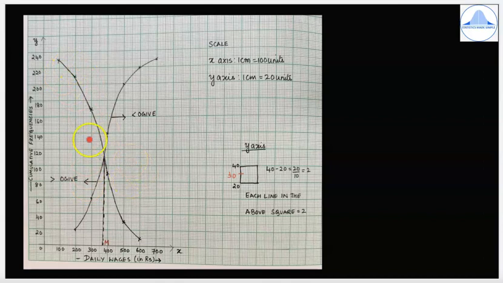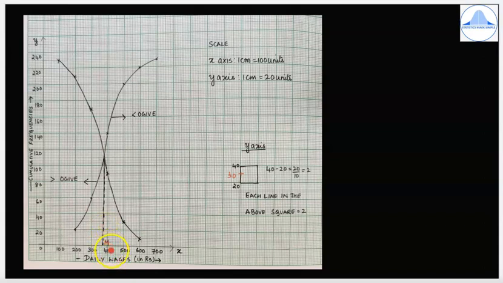So once you've marked the less than ogive and the more than ogive, at the intersection of these two curves, you have to drop a perpendicular to the x-axis in the form of a dotted line. The point where the perpendicular touches the x-axis, you mark it as M, which stands for the median.